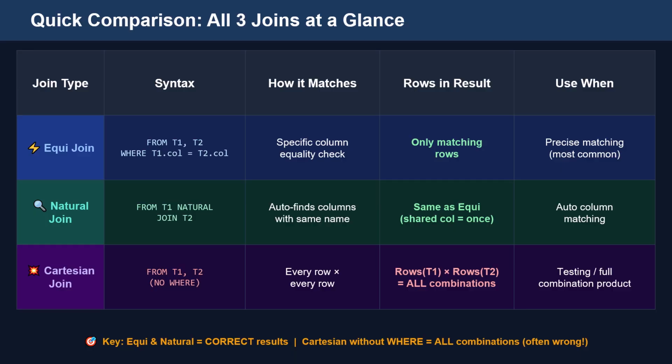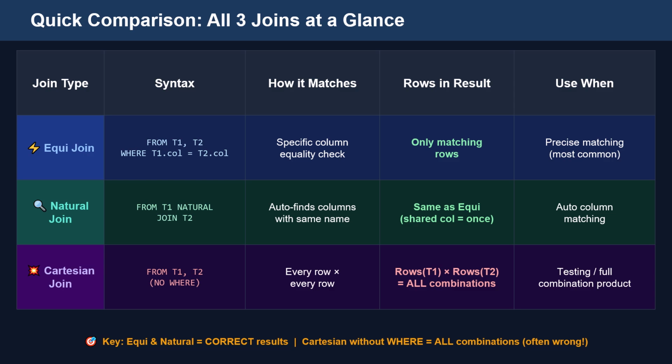Let's quickly review all three joins side by side. Equi join uses where with an equal sign, matches specific columns, gives only matching rows. Most common in exams, use it for precise matching. Natural join uses the natural join keyword, no where needed. SQL auto finds columns with the same name. Result is same as Equi Join, but the common column appears only once.